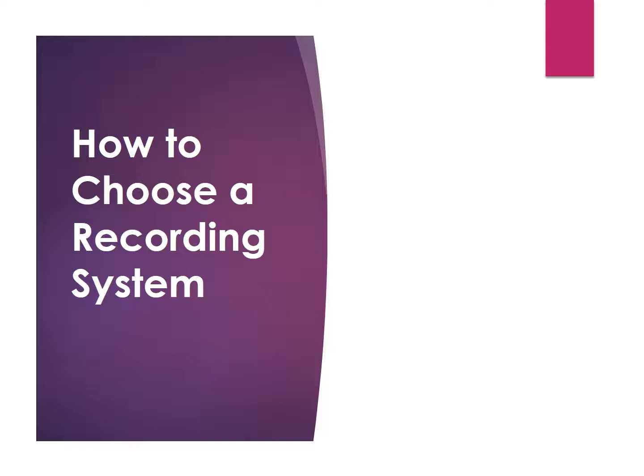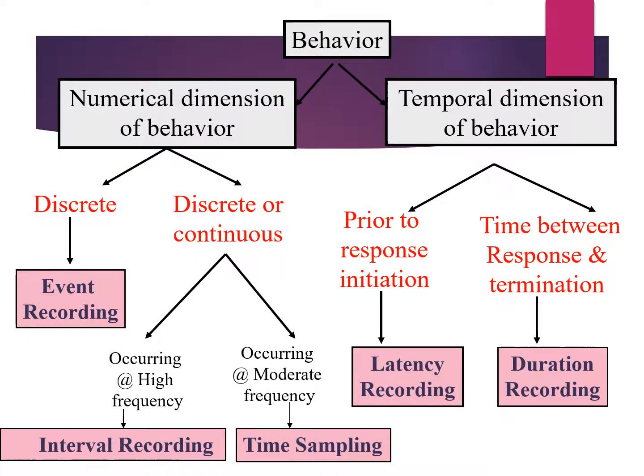Given that there are a lot of data recording systems out there, there is a systematic way on how you can choose the appropriate recording system. Using this flowchart, you have your target behavior, the behavior that you want changed in the student, and you ask yourself, do I want to know the number of times that behavior happens, the numerical dimension of behavior, or do I want to know the total duration, the total time, the temporal dimension of behavior?